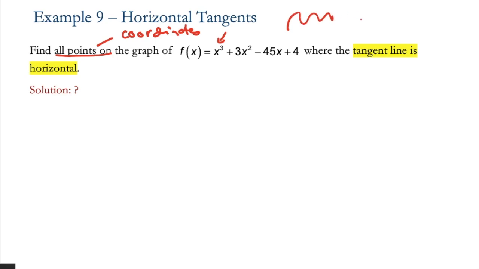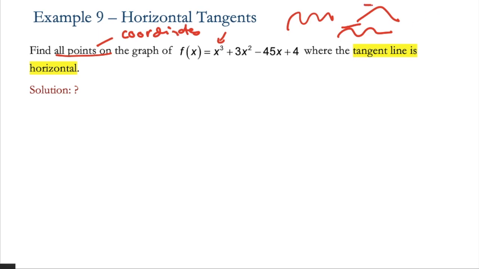Maybe it looks like this, I don't know, we haven't seen it. And if you draw a line that is just a tangent, not intersecting, that line can calculate the slope at that particular point, which we call the derivative. Okay, and the tangent line is horizontal.